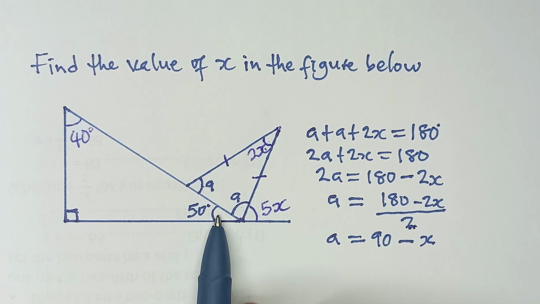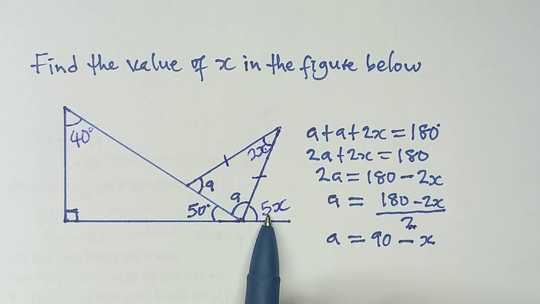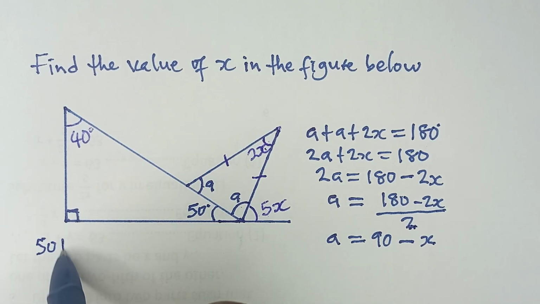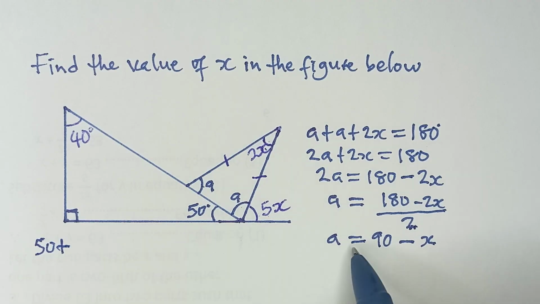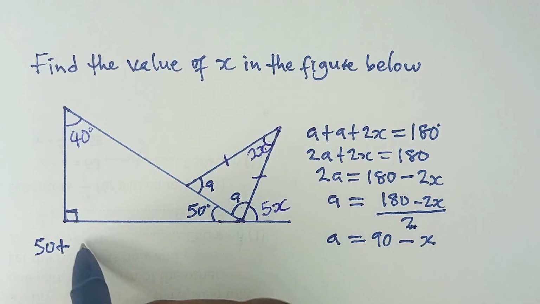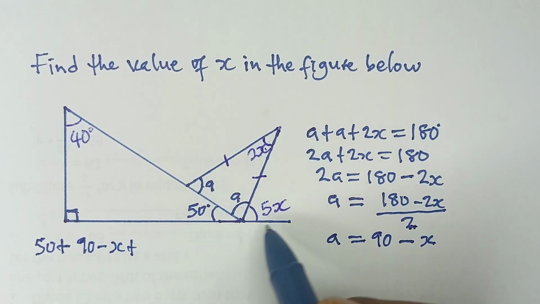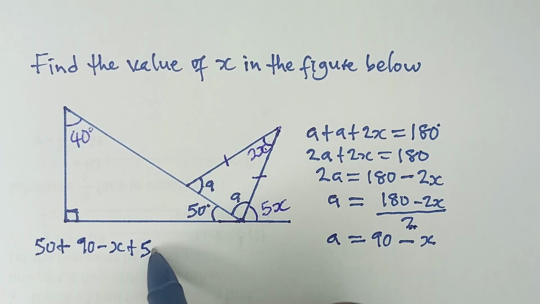So 50 degrees plus A plus 5x will give us 180 degrees. I can simply write that here: 50 degrees plus angle A. Angle A is 90 minus x, so I'll write it as 90 minus x. And then plus the 5x there, that is the third angle.